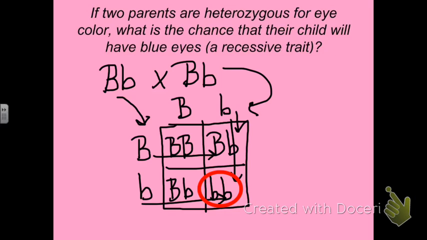So there are 4 boxes, and only one of them has the condition we're looking for. So it's a 1/4 chance. The other way you could express that, equally correct, would be to write it as a percentage. So it's a 25% chance that you would end up with that particular combination.